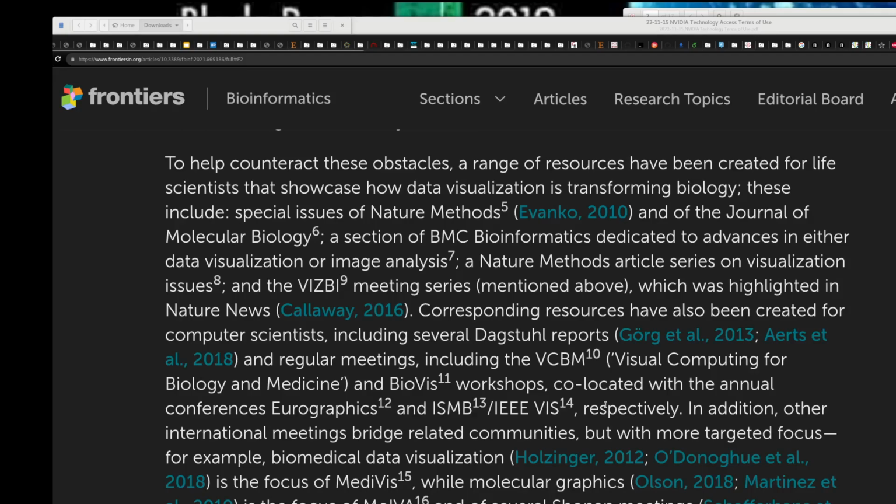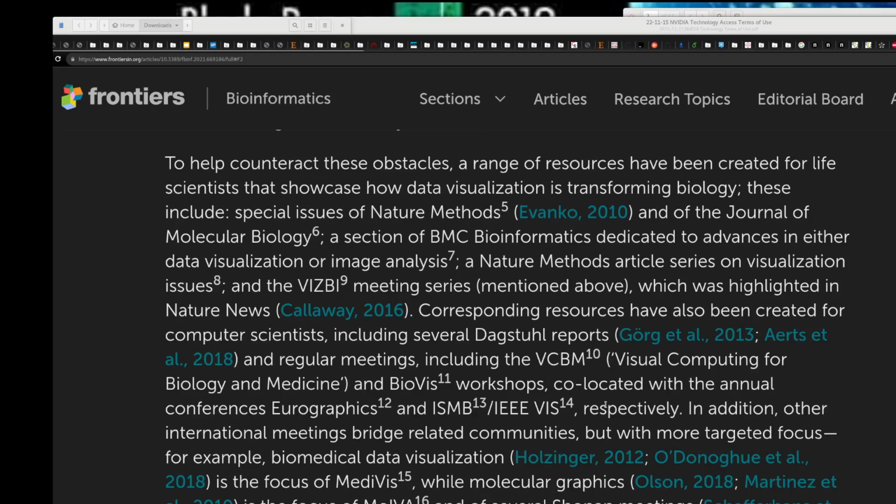Callaway 2016. Corresponding resources have also been created for computer scientists, including several Dagstuhl reports (Görg et al. 2013, Ertl et al. 2018), and regular meetings, including the VCBM (10), Visual Computing for Biology and Medicine, and BioVis (11) workshops, co-located with the annual conferences Eurographics (12) and ISMB (13)/IEEE Vis (14), respectively.